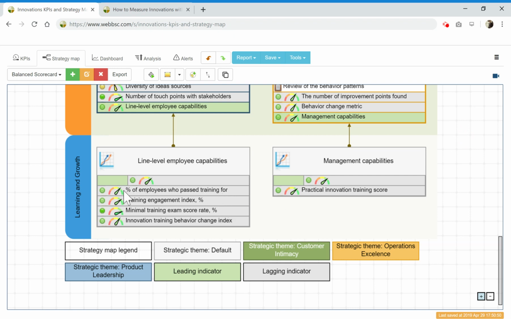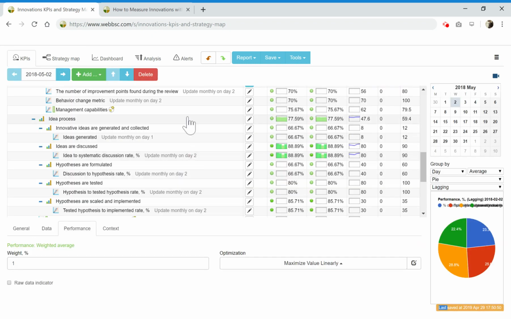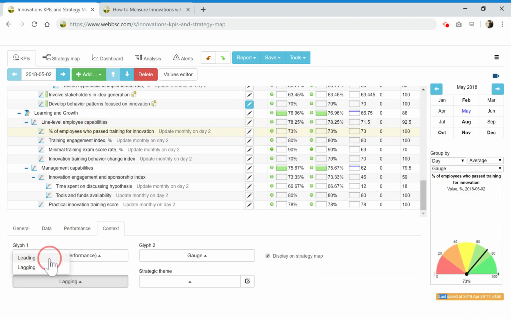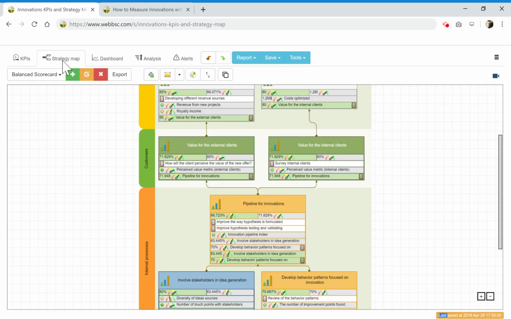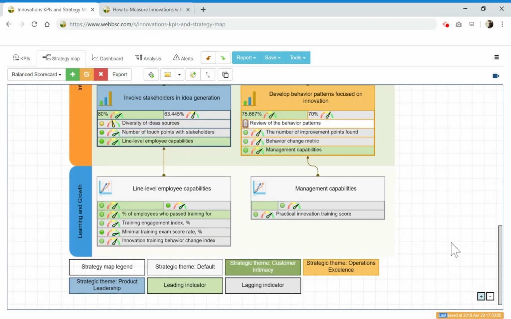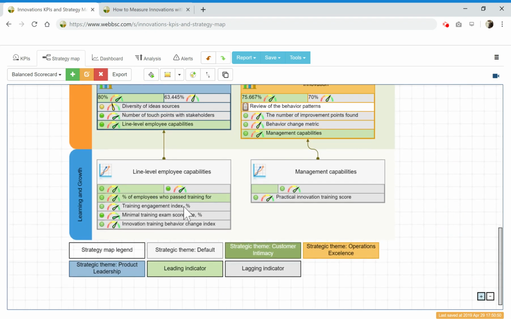First of all, we can measure the percent of employees who passed training for innovation. I think it's better to change it to make it a leading metric. It's not a lagging metric, it's a leading one. Then we have the training engagement index. In some way, you will find out if people, let's say, like this training.